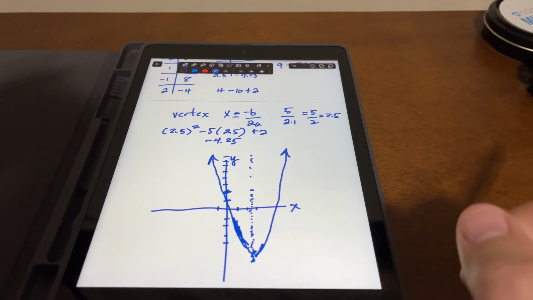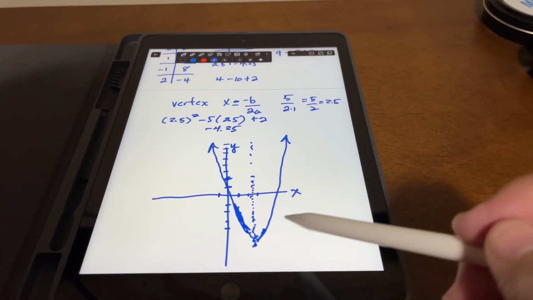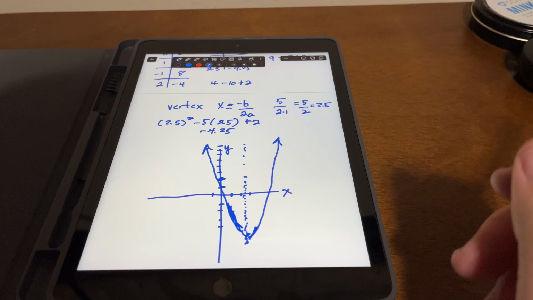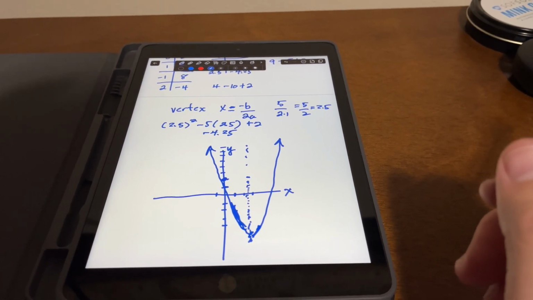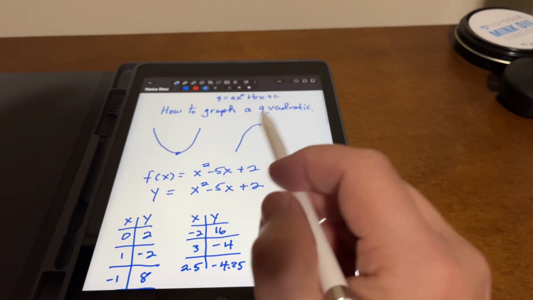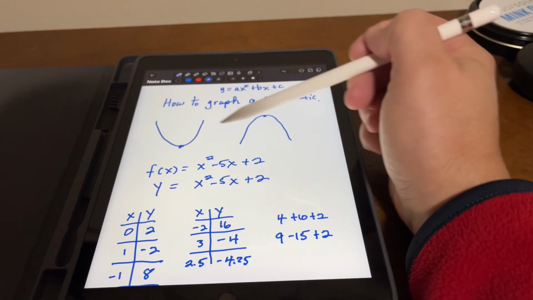There are some shortcuts, but I think the best thing to do is to learn how to do this first. And then once you learn how to do this, you can learn how to do it in a quicker way with some shortcuts. So we'll talk about that later, but just remember what we're doing is we're graphing a quadratic, and quadratics have application because of gravity.